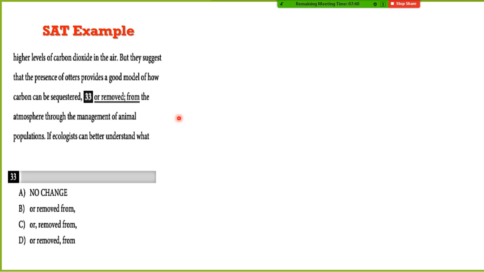Or removed from. No. It's not right. Okay. What is the correction then? So the first answer is wrong. No change? No, this is wrong. We have a change. What is it? It's "or removed from" and comma. So which one? B. It's B?